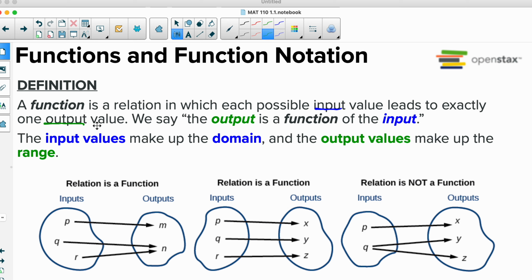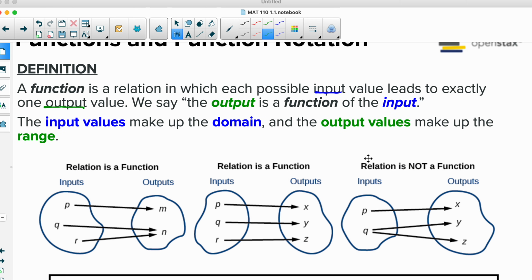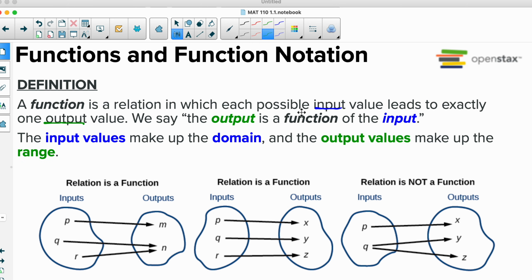So you want to think about it as scanning your inputs, and for each input, they cannot have more than one different output value. Now, that's not to say that's not an important relationship. It just doesn't meet our definition of a function. So if we want to write this in words, we say the output is a function of the input. And again, my input values make up my domain, and my output values make up my range.